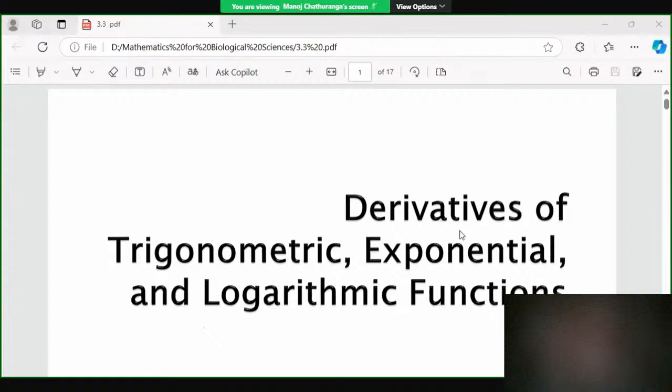I told you e to the power x is a very special function. Derivative of that function is the function itself. This is not the case with power functions, polynomial functions. We have some rules for differentiation now. We have the sum rule, constant multiple rule, product rule, quotient rule.